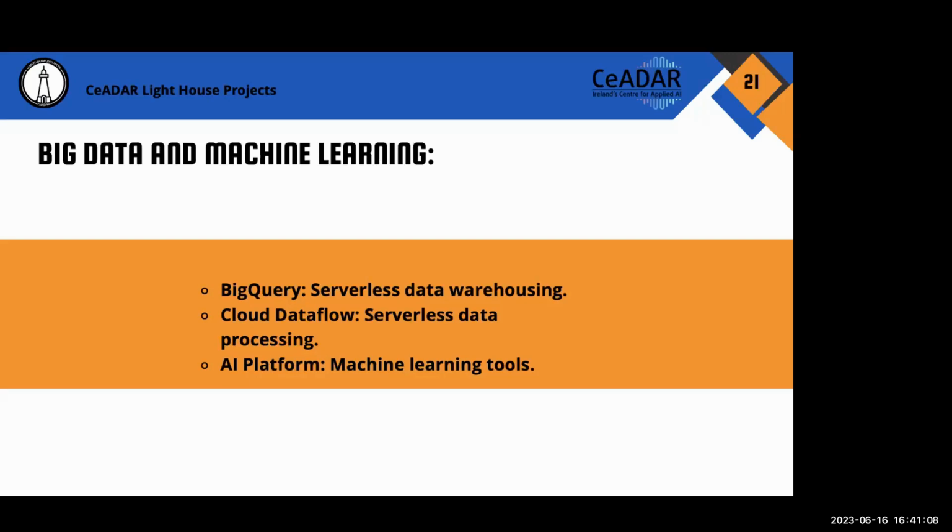Next is Cloud Dataflow, a serverless data processing system where you don't need to worry about infrastructure, and you can utilize it at any time. Next is AI Platform, which has machine learning tools and AI tools. One of the machine learning tools we're going to discuss is Vertex AI. As I said earlier, it has a Jupyter notebook dashboard and a couple more features like text to speech, speech to text, and some computer vision algorithms which we can utilize. Let me show you in a couple of minutes.